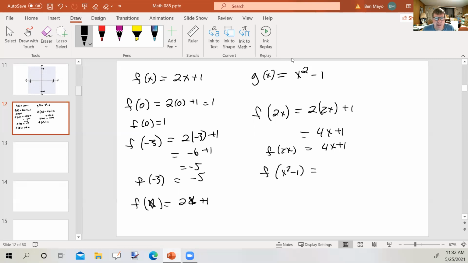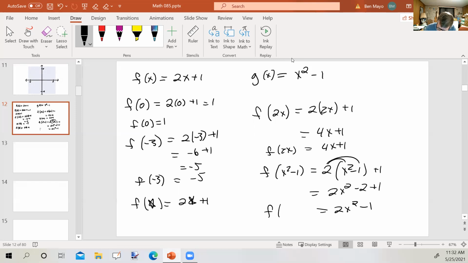Then I would put x squared minus 1 in the place of x in the original function. So I'd have 2 times the quantity x squared minus 1 plus 1, which would be 2x squared minus 2 plus 1, or 2x squared minus 1. So f of x squared minus 1 equals 2x squared minus 1.